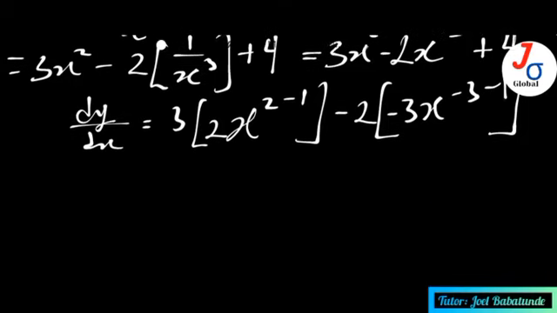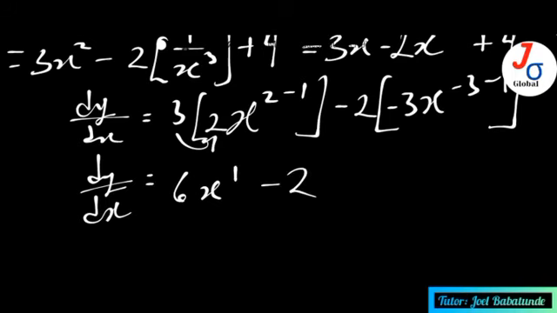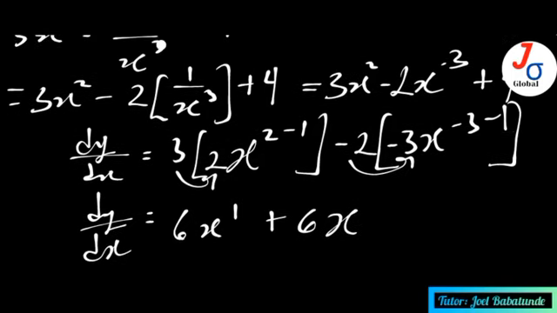So then dy/dx becomes 3 times 2, you have 6x to the power of 1, since 2 minus 1 is 1. Then minus 2, oops, sorry, minus 2 times minus 3. Minus times minus is plus. 2 times 3 is 6, x to the power of minus 3 minus 1, which is minus 4.